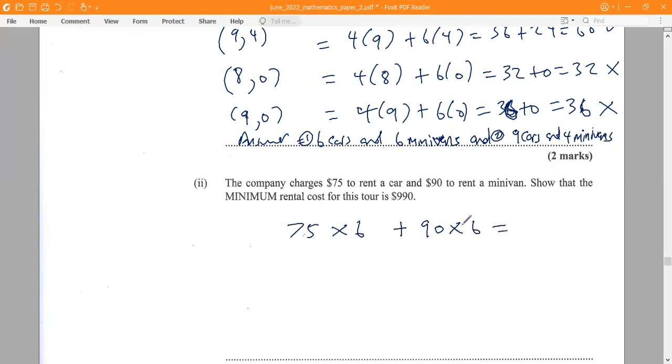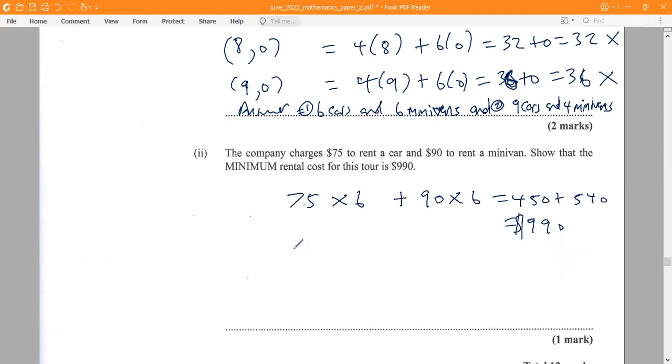So 75 times 6 plus 90 times 6 will give us total rental costs for this combination. 90 times 6 is 540, which gives $990. This is our answer. Let us just work out the other one to prove that it's wrong.